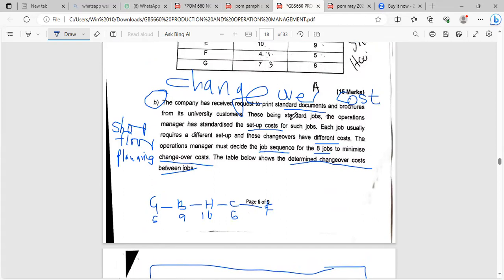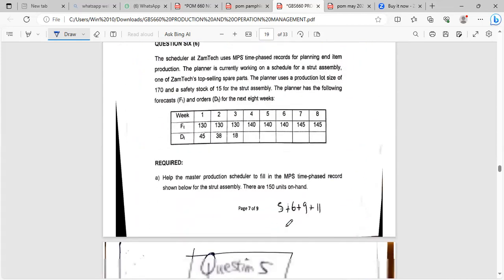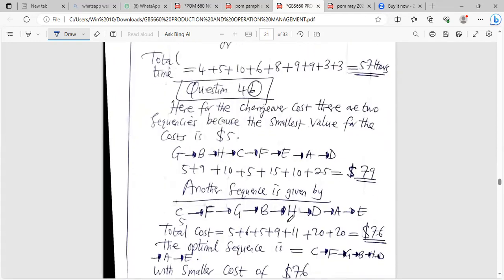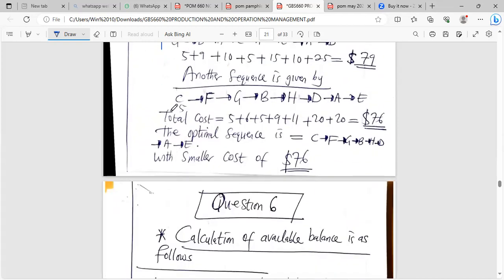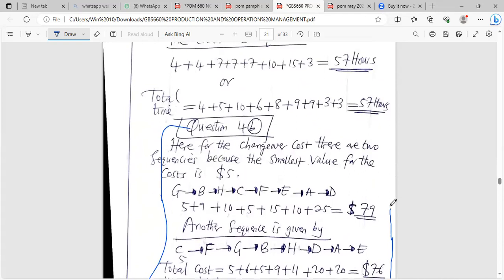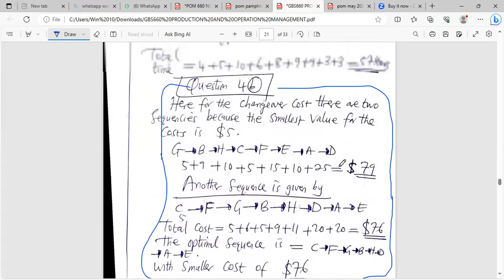So this is why we don't repeat. In a nutshell, the most important thing is for you to understand what is going on in changeover cost. Here you have to select the optimal sequence, which in this case is the one that gives us the smallest cost.